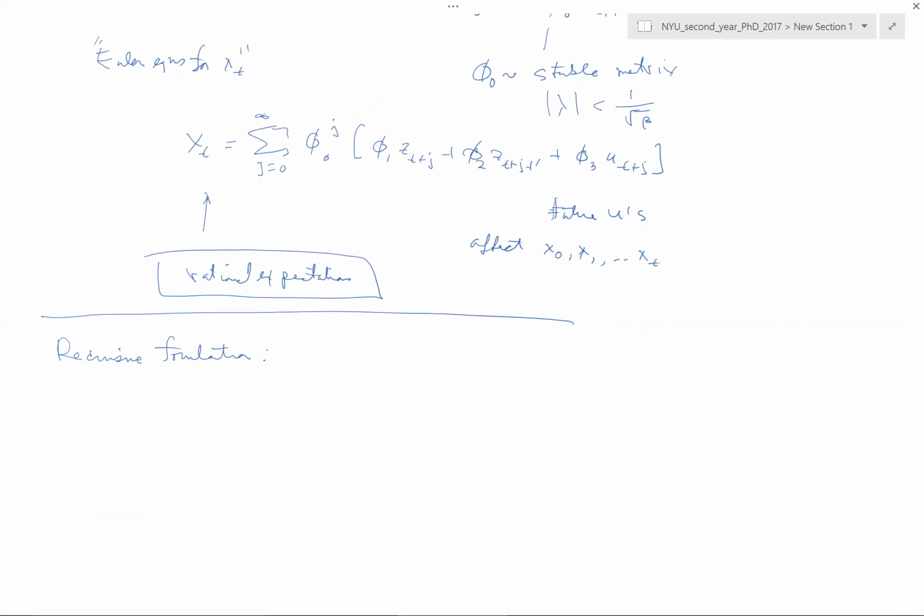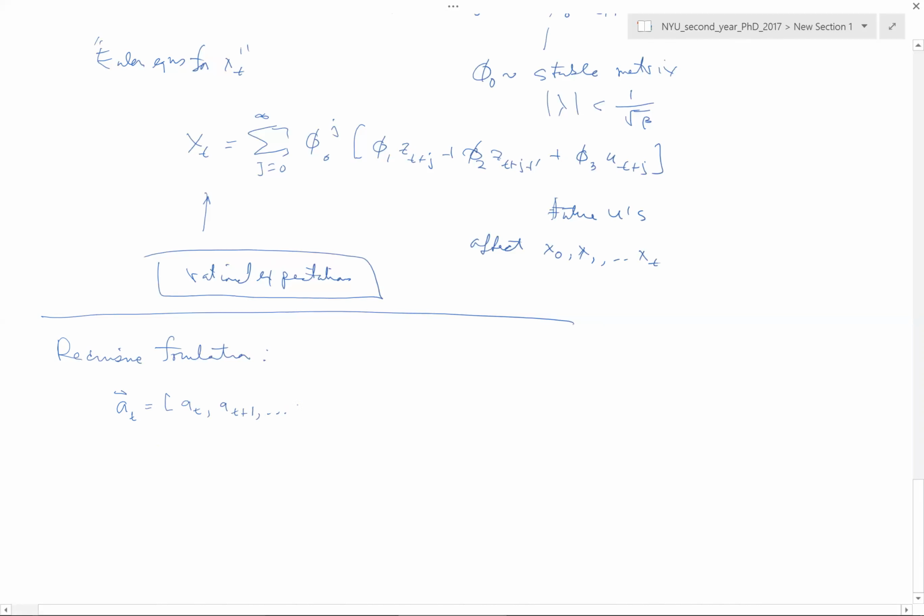Okay, so just a little notation. I'm going to put this little arrow above this. So this is going to be for any vector at.